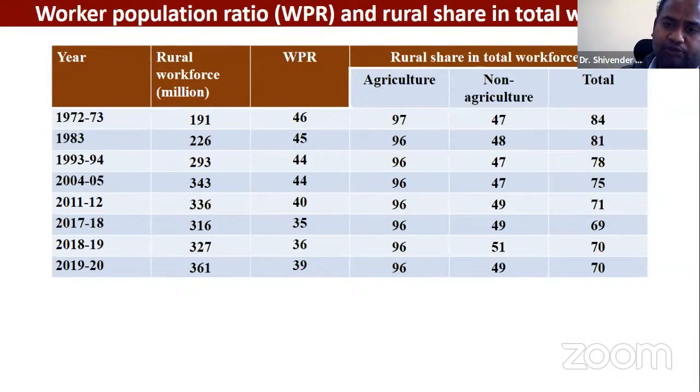The rural share in the total workforce shows that almost everything in agriculture is produced in rural areas, but in the non-farm sector about 50%, meaning whatever trend we saw in the last slide up to 2011, almost the same trend has continued for the recent years also. And about 70% of India's total workforce is engaged in rural areas only. So these are a few of the evidences which show how activities are distributed in the rural areas.